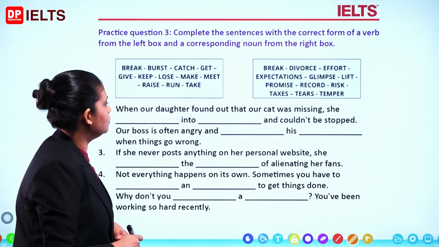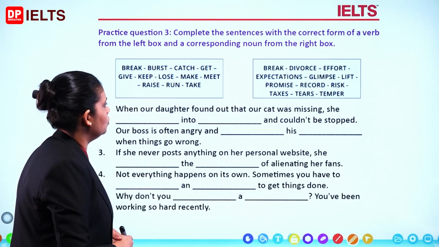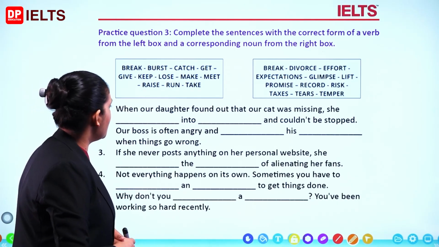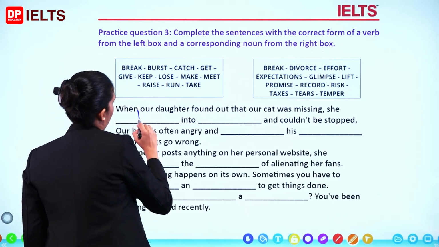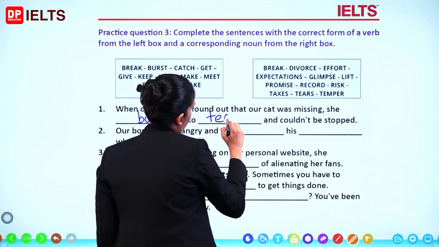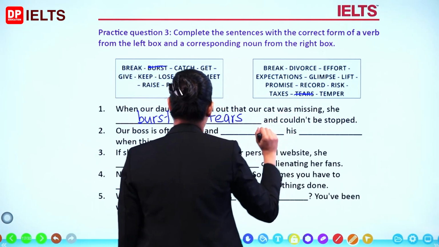When our daughter found out that our cat was missing, she blanked into and couldn't be stopped. Okay? She burst into tears. There you go. Burst and tears.